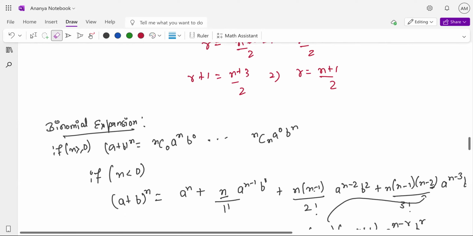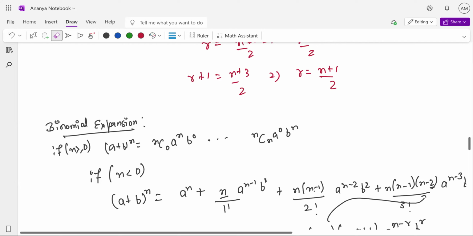I got everything in binomial theorem from NCERT. Okay. Tell me, what's your doubt?